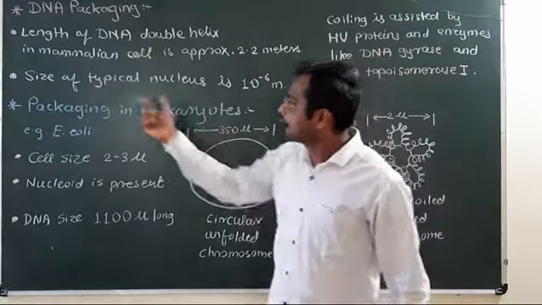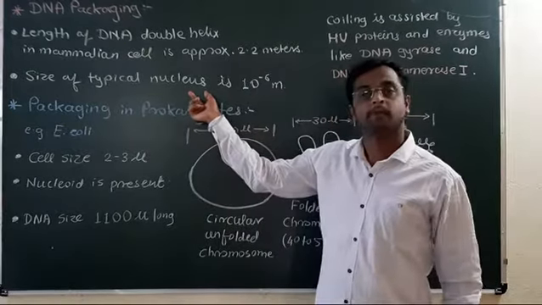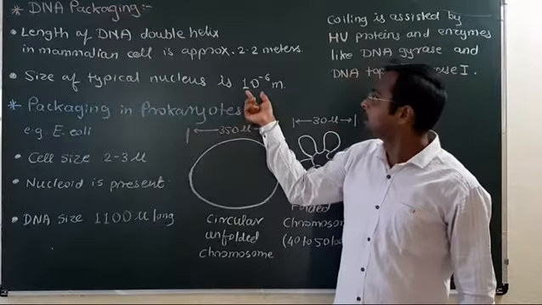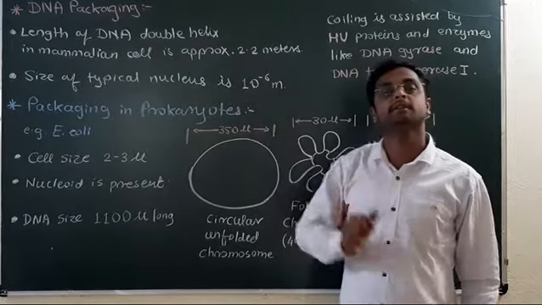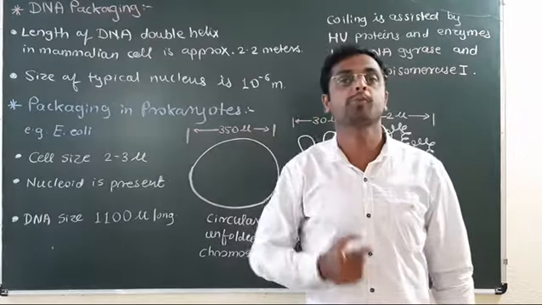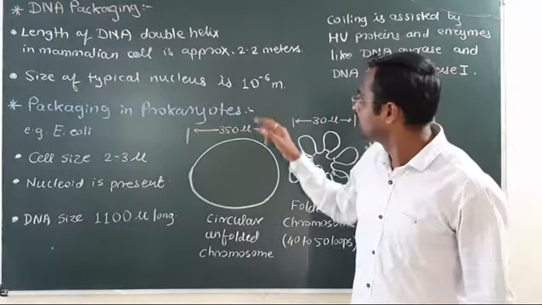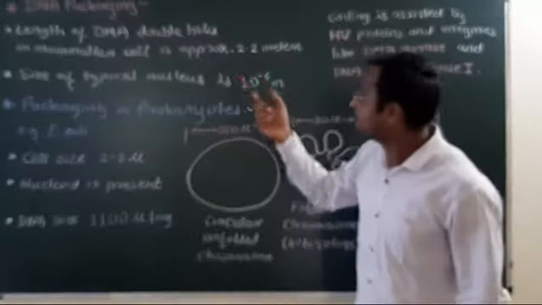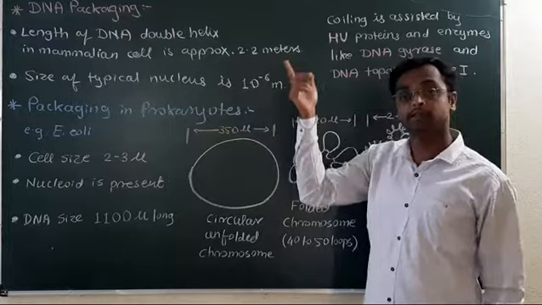Now, the size of a typical nucleus inside the cell is 10 raised to minus 6 meters. A very tiny, microscopic structure. The nucleus is 10 raised to minus 6 meters and the length of DNA is 2.2 meters.